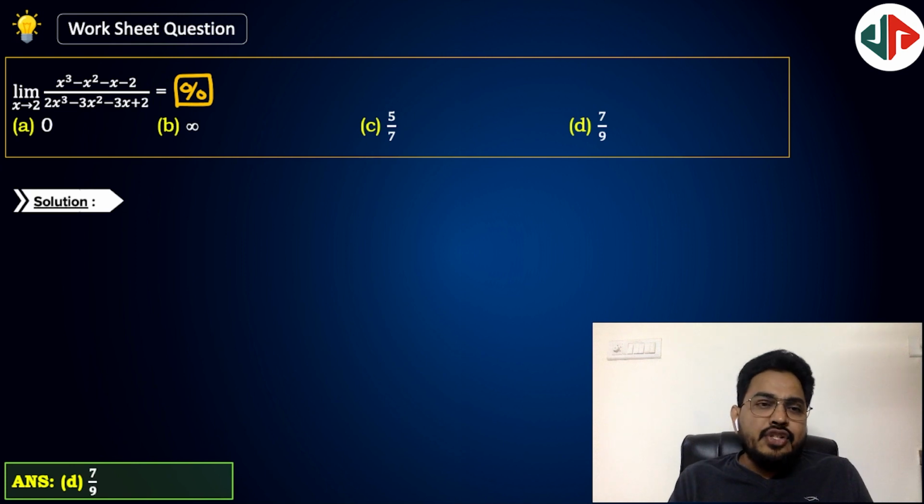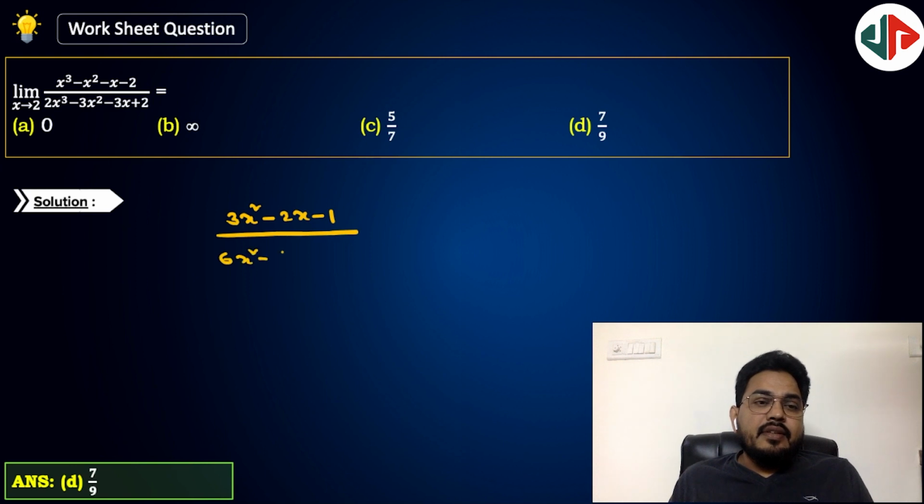Expansion means you need to identify where the x minus 2 factor is coming out from both the numerator and the denominator. But instead of going for those tries, I suggest you go for the L'Hospital rule directly. So it will be 3x squared minus 2x minus 1 by 6x squared minus 6x minus 3.